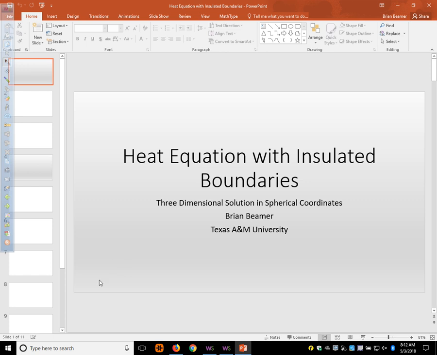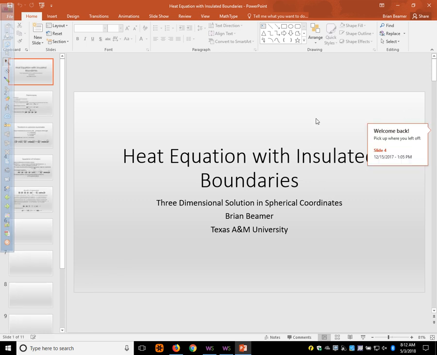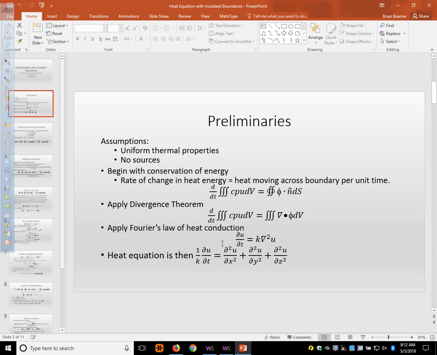Okay. So I was doing the heat equation with insulated boundaries in a sphere, a 3-dimensional solution in spherical coordinates. Second step: apply the divergence theorem. Boom. So we were talking about the heat flowing out of this closed surface.